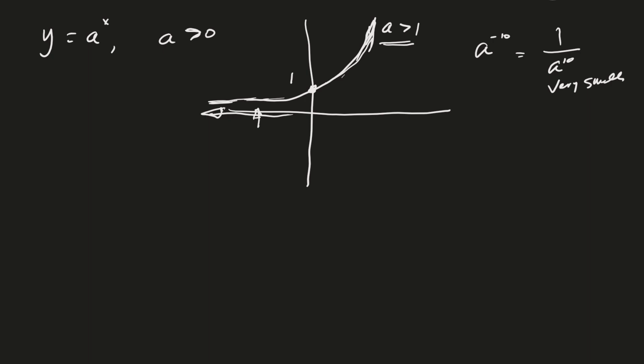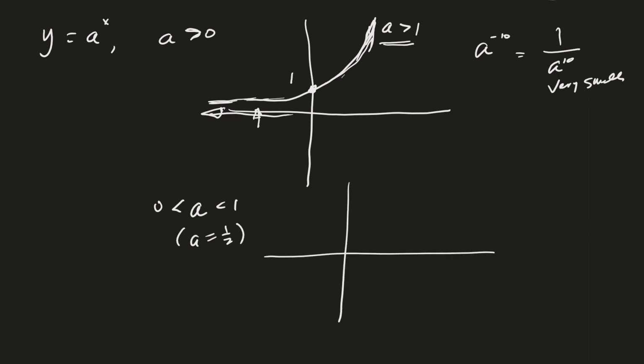What happens if a is between 0 and 1? So for example, a equals 1/2. Then the graph is actually flipped. And the reason is because 1/2 to the x, you could rewrite that as 2 to the minus x power.